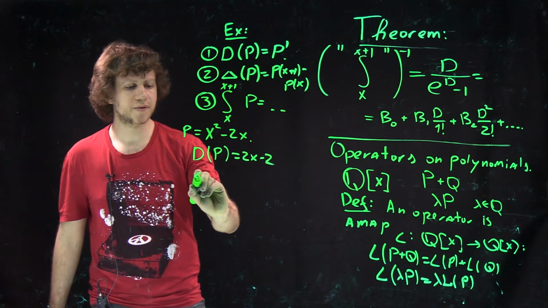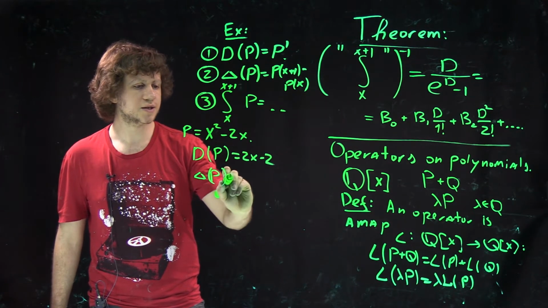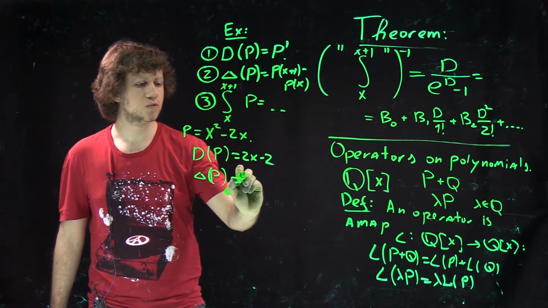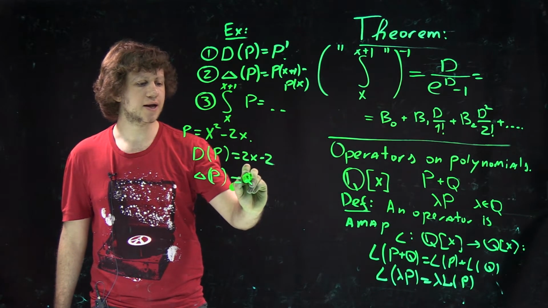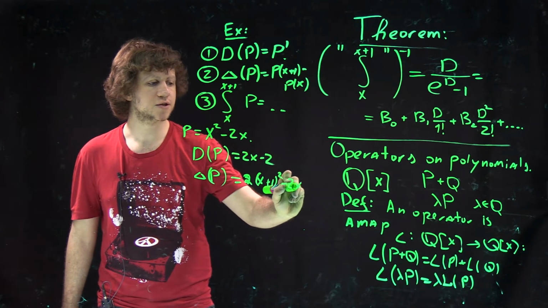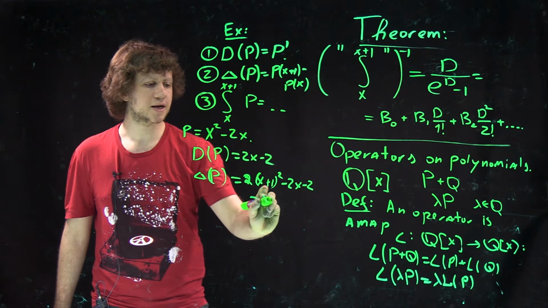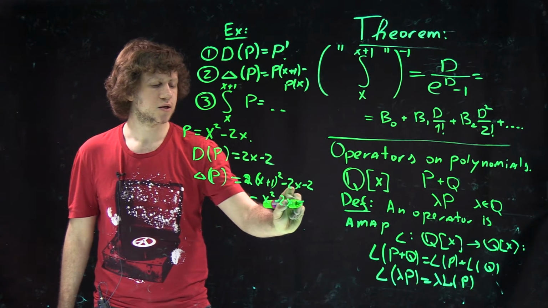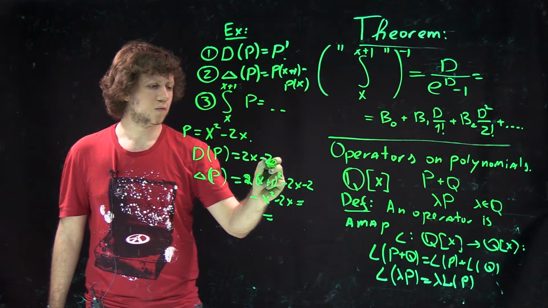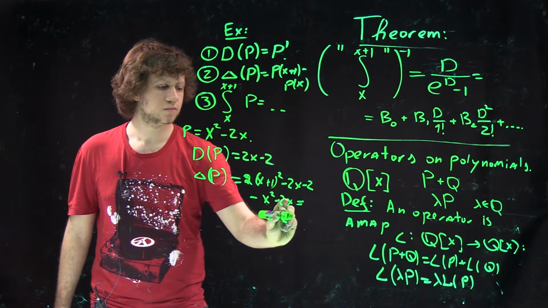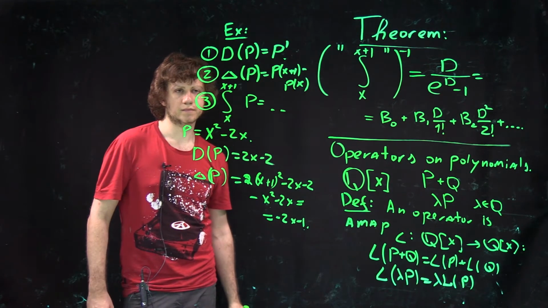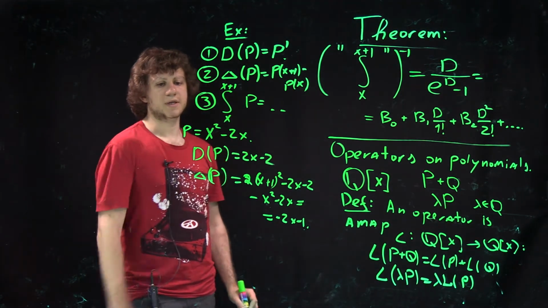So delta of p is equal to, let's see, x plus 1 squared minus 2x minus 2 minus x squared minus 2x, which equals minus 2x minus 1. That's weird. No, that's fine. Okay, this is delta p.